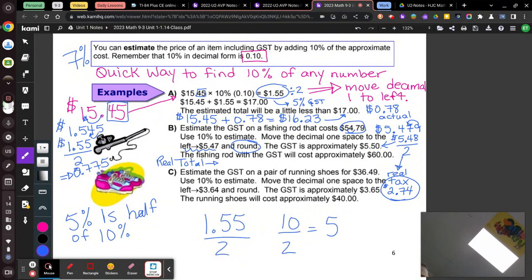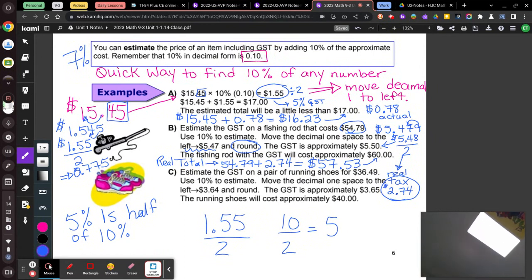Our real total would be $54.79 plus $2.74. Now we're going to find out the real cost, and we'll see how close to $60 it comes. We get $57.53. So again, the number is smaller than 60. We always estimate more than we are, okay?